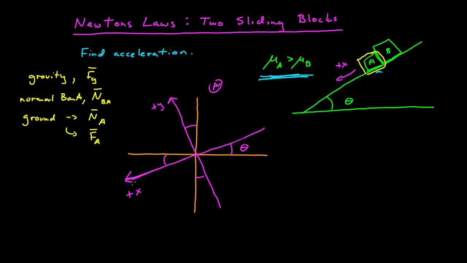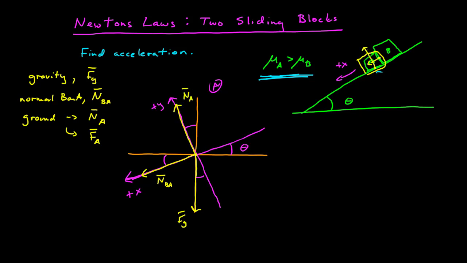As long as all the motion is in one dimension, I want to make sure one of my axes is in that dimension. I have the force due to gravity straight down. The normal force of block B on A is perpendicular to the surfaces between the objects and from the agent to the object. The normal force of the ground on A is perpendicular to the surfaces.